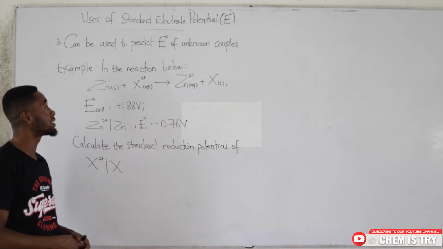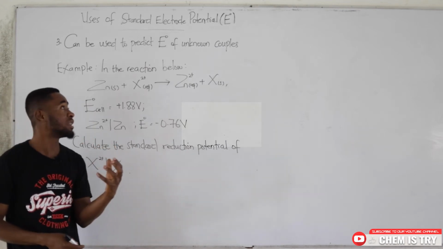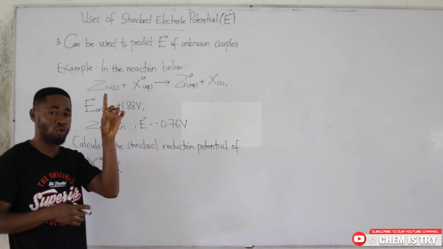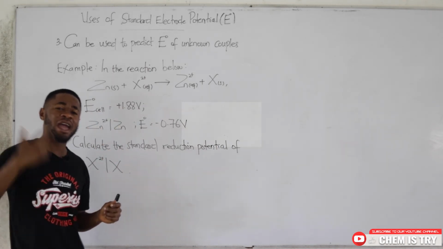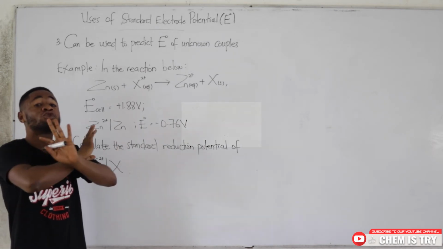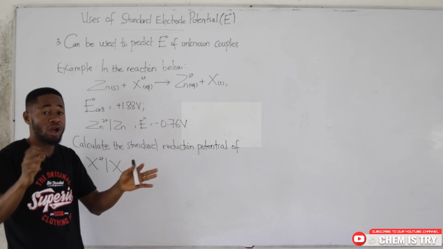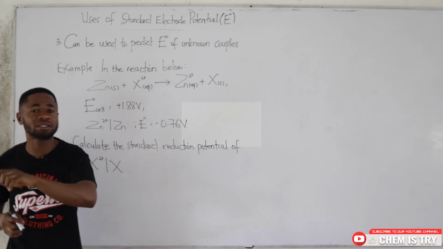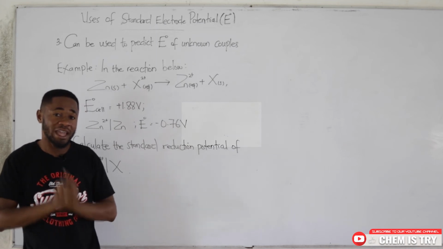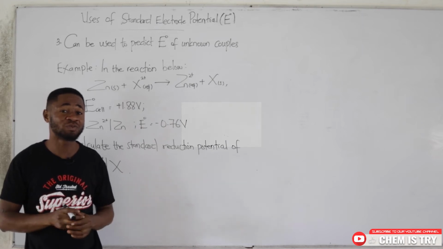In this instance, we have an element whose standard reduction potential is already known. Then there's another different element whose standard reduction potential value we have no idea what it is. Well, we could send that substance to the SHE for us to find its standard reduction potential value. But what if we don't have the SHE?